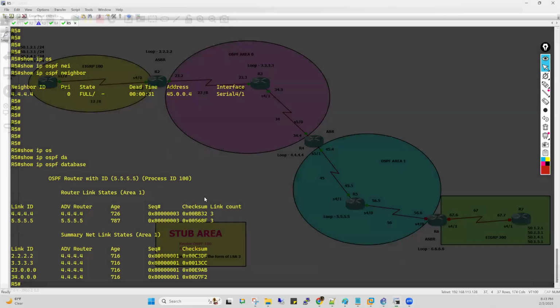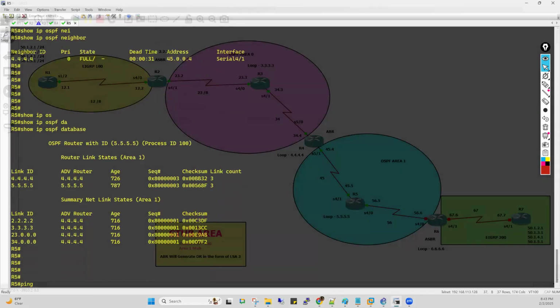Clear, guys, everyone? Now, if I try to ping from this router to this interface, I mean from area 1 to area 0, am I able to ping? Tell me. I'm writing ping, what is the IP address, guys? 23.0.0.2.